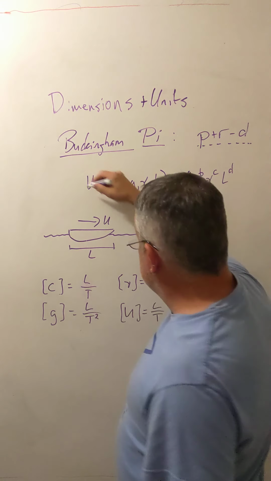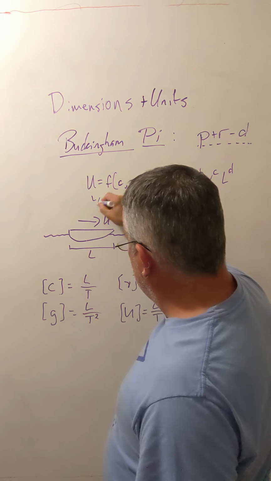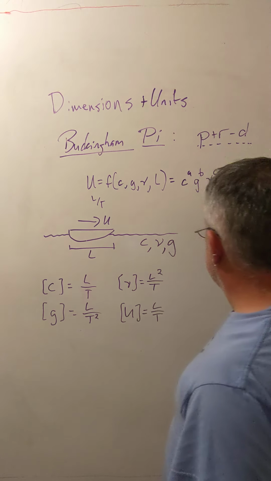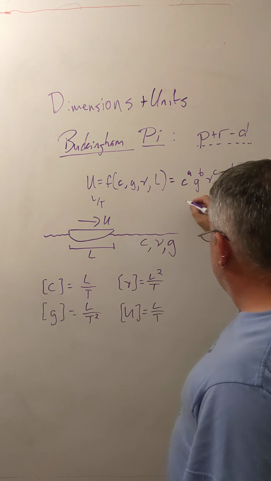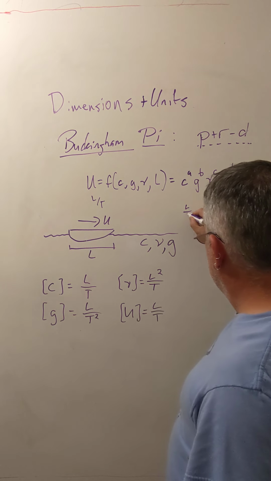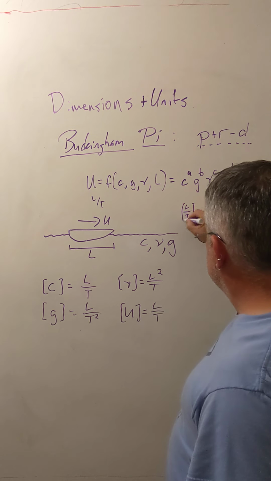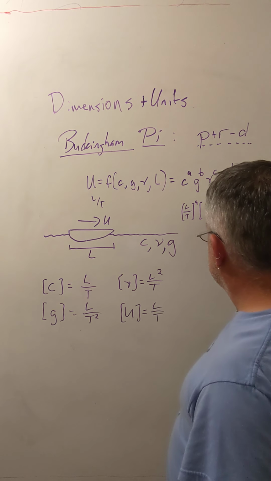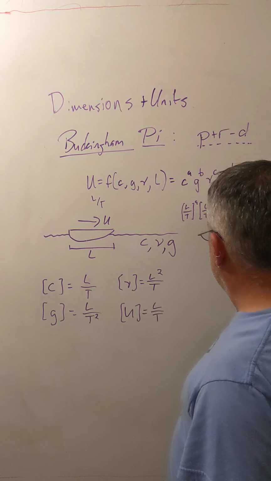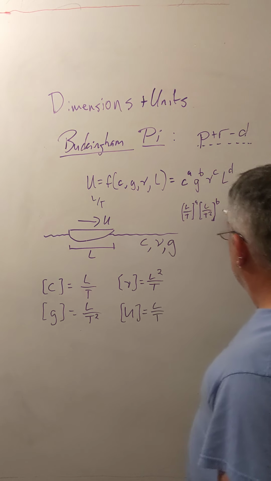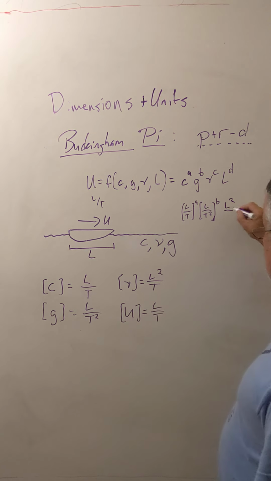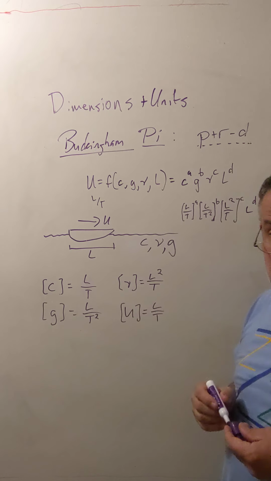So the dimensions on this side are length over time. The dimensions on this side could be lots of different things. It's going to be length over time raised to the a power, times length over time squared raised to the b power, times length squared over time raised to the c power, times length to the d power.